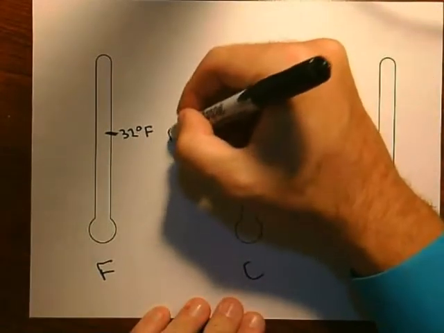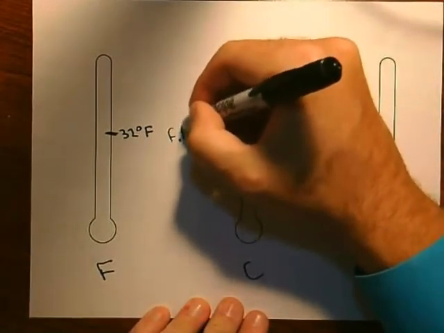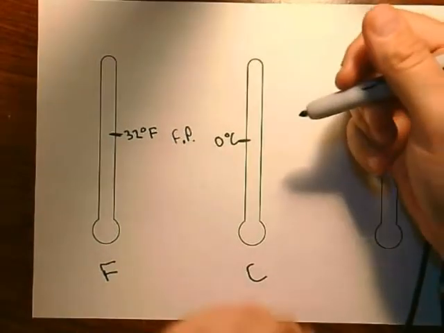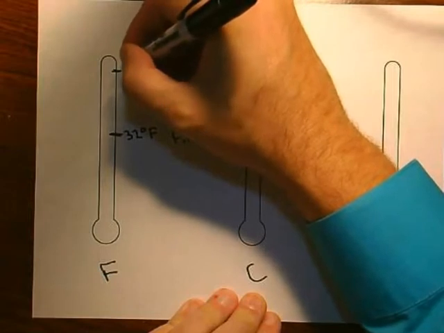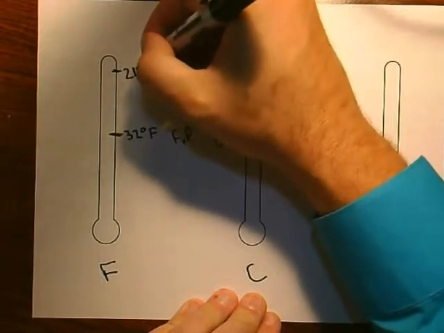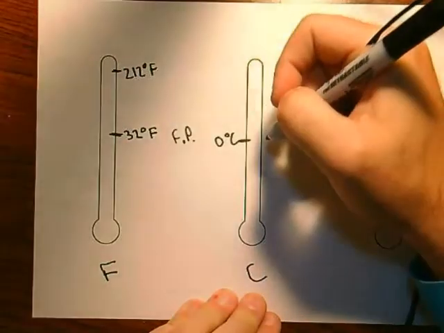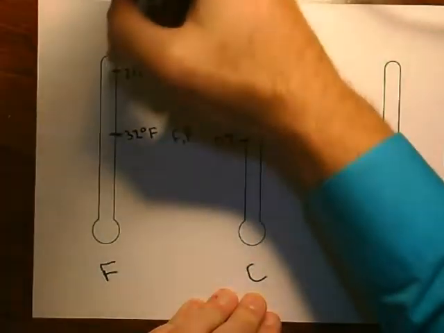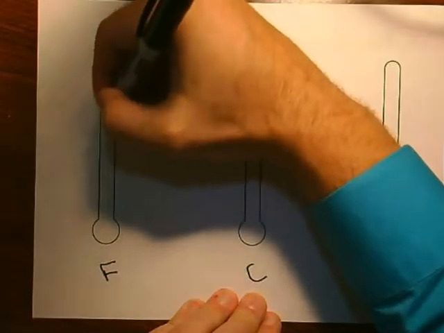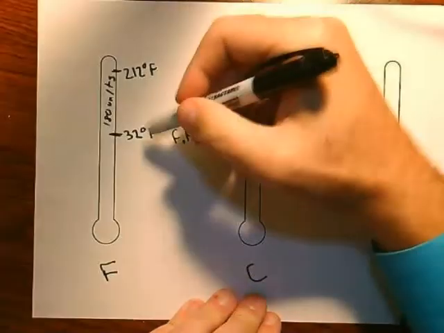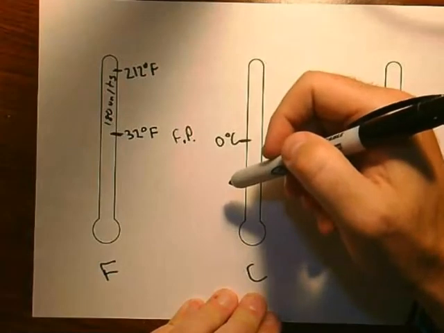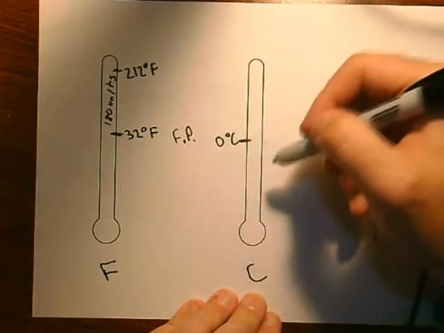This is the freezing point of water. And then they boiled water. Fahrenheit, when he boiled water, realized that water boils at 212 on his scale. So if you do the math, there are 180 units between 32 and 212.